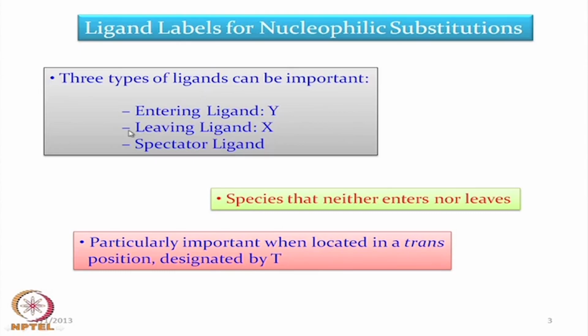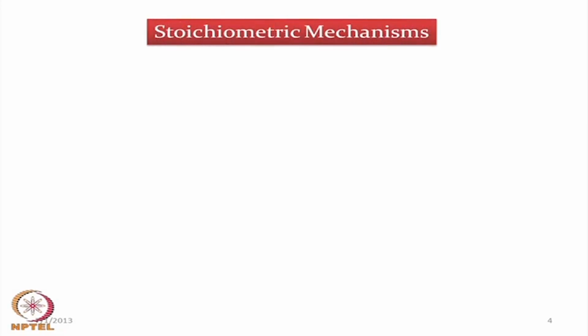That means whether that particular position is the leaving position or the position utilized for entering the ligand, trans to that, and these spectator ligands we can consider as the T ligand, which can see the reaction and can control the reactivity pattern for these centers.